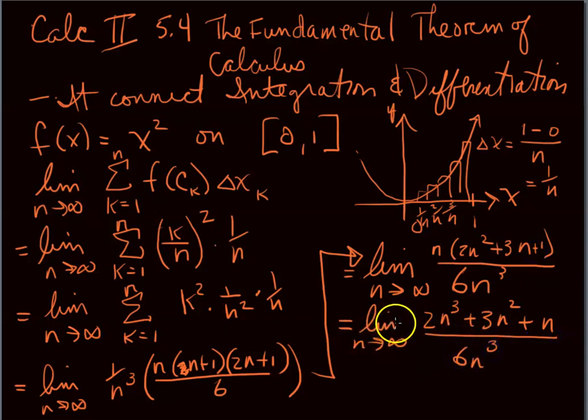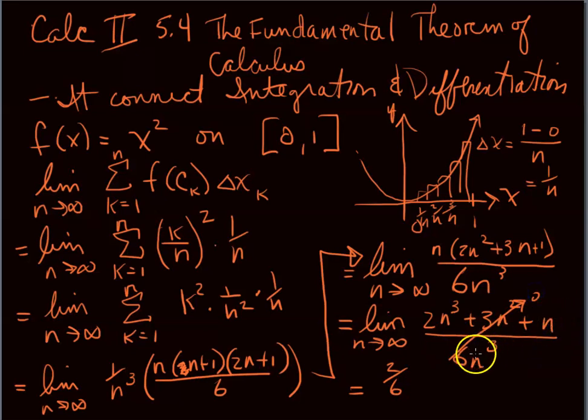Now, if you remember how to take the limit of one of these, you divide everybody by n cubed, so this is really 2 over 6, because the n's cancel. But this 3n squared over 6n cubed is really 3 over 6n, which goes to 0.